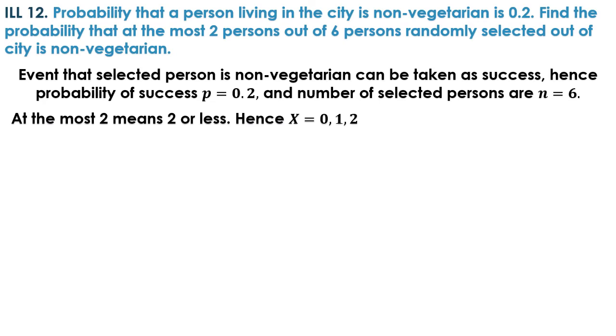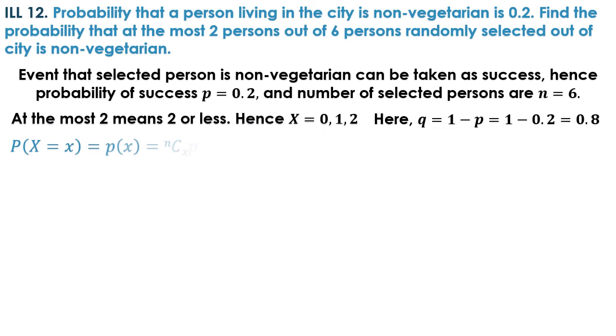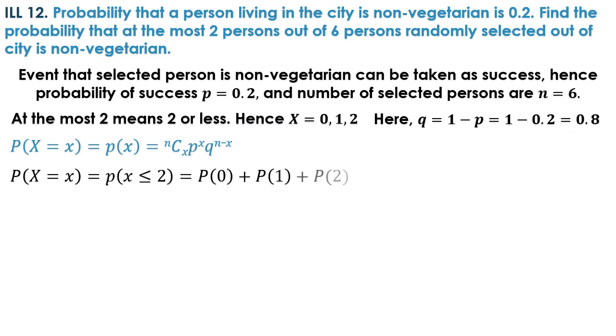So we have to add the probabilities of getting 0, 1 and 2 persons. We have the values of p and n, so q will be 1 minus p, that is 1 minus 0.2, that is 0.8. So success is 0.2, failure is 0.8, total number of people is 6, and we have to find the probability for 0, 1 and 2. So I will start by writing down the probabilities here, nCx p raised to x, q raised to n minus x, where x is less than or equal to 2, that is 0 plus 1 plus 2.